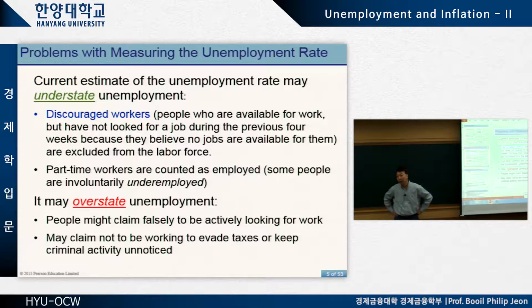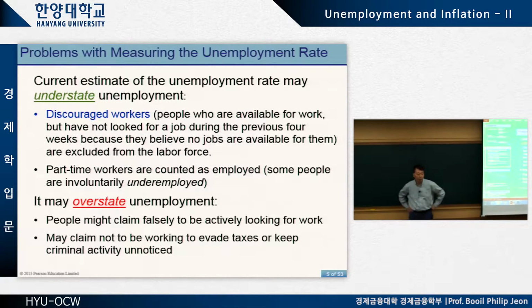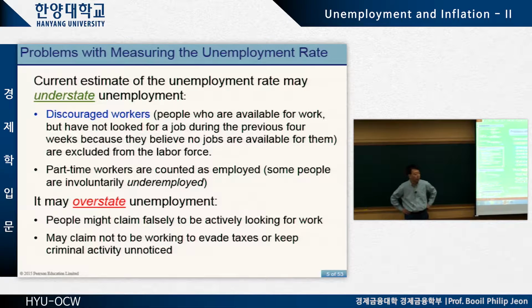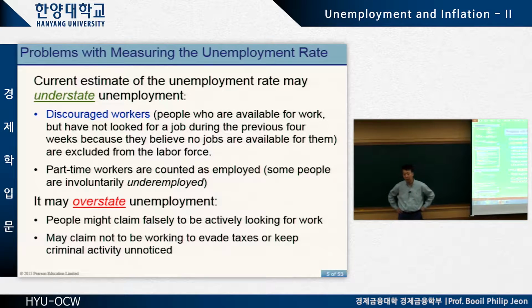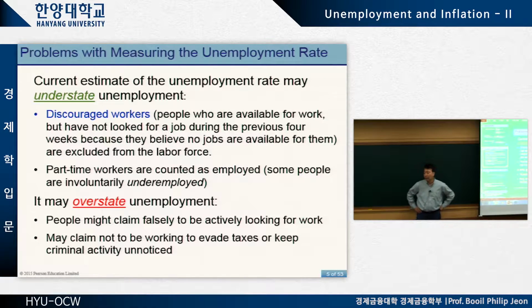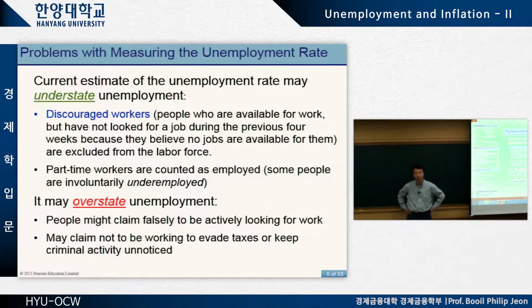That's what we call underemployment. You want to work full-time, 40 hours a week, but because you couldn't find a full-time job right now, you're just working 20 hours or 10 hours a week. But as long as you work at least 1 hour, you are considered employed. So in that sense, the official unemployment rate may be a gross understatement of the actual unemployment rate.